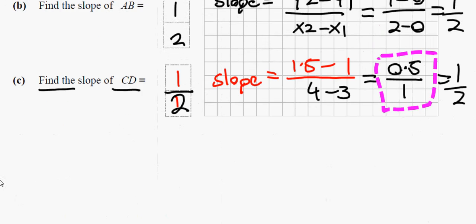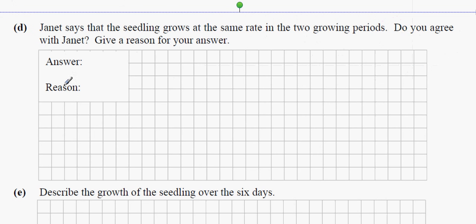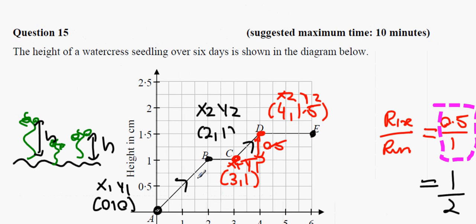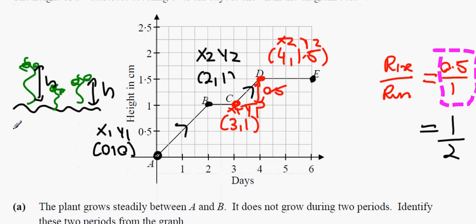Okay, question D. Janet says that the seedling grows at the same rate in the two growing periods. Do you agree with Janet? Give a reason for your answer. Yes. Same rate means same slope. Okay, let's go back for a minute. A to B grows 1 centimeter over 2 days.